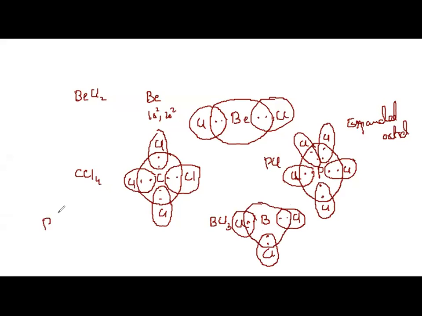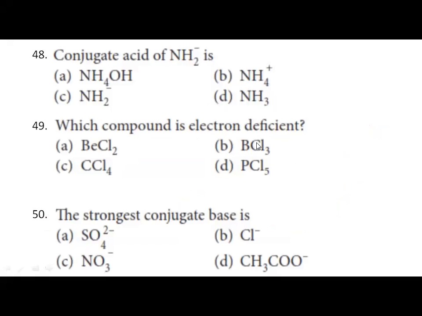So in BCl3, the central atom boron has less than 8 electrons. It has an incomplete octet. And we know that compounds which have an incomplete octet on their central atom are electron deficient molecules. So which is our correct option? The correct option is BCl3.